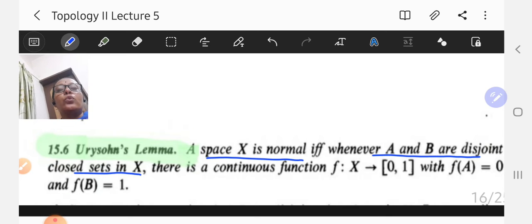This is Urysohn's lemma. When we define such a function, then the function f is called an Urysohn function.